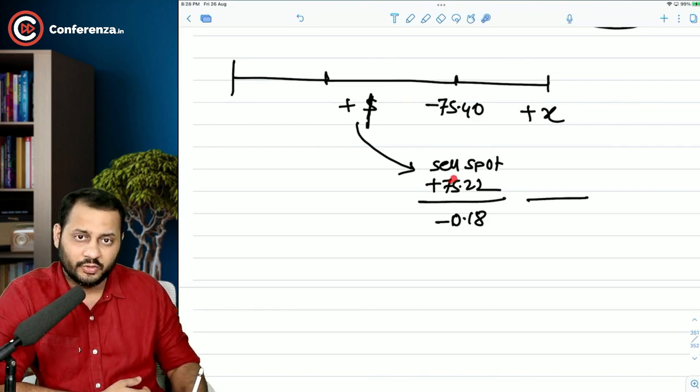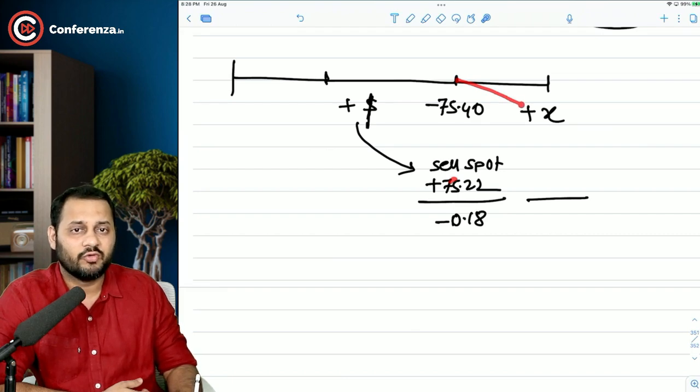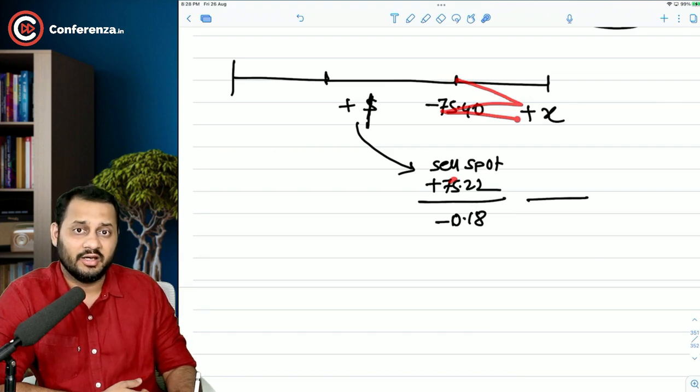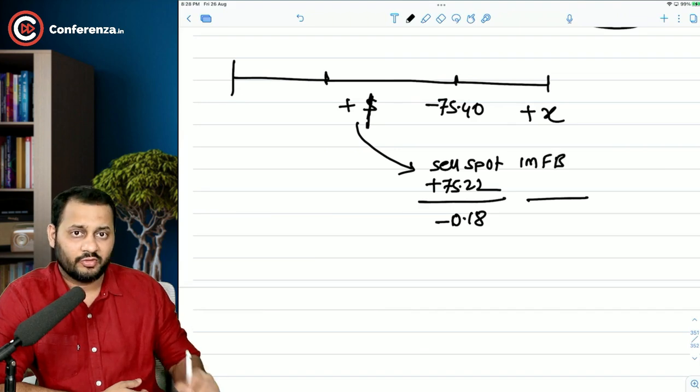Also, after doing that, on this date itself, we need to make sure that we are covering this sell forward contract. We were about to sell the dollars that we would have received from the customer at this rate. But how are we going to sell now? We will have to buy it 1 month forward. So we will have to enter into a 1 month forward buy from the interbank market.